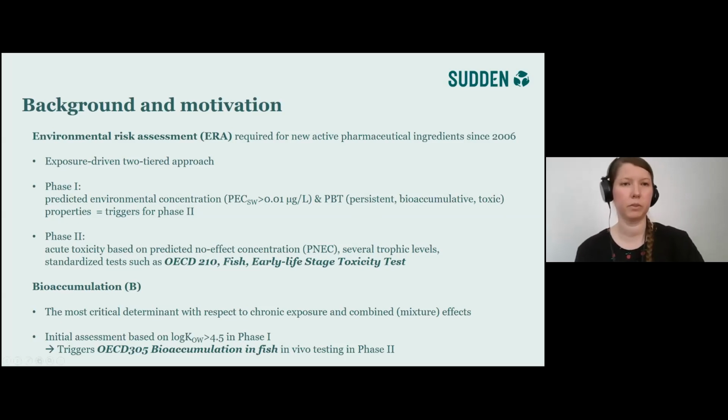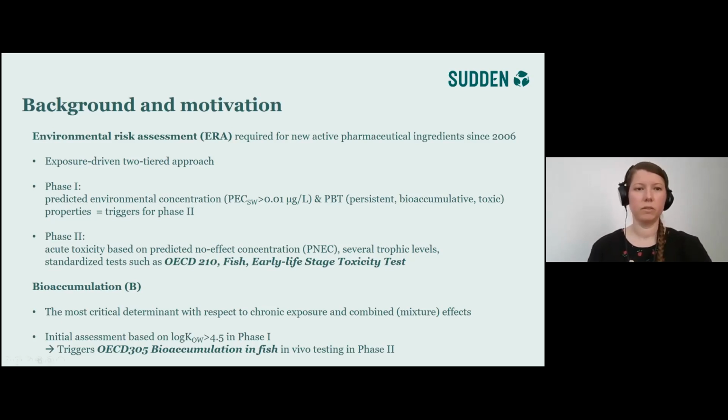So the background comes from the environmental risk assessment that is required for the new active pharmaceutical ingredients. That is the regulatory era, that is a very heavy process. So in short, it's an exposure-driven two-tiered approach. In the first phase, if the predicted environmental concentration or the compound's PBT properties exceed a threshold level, then phase 2 experiments are needed.